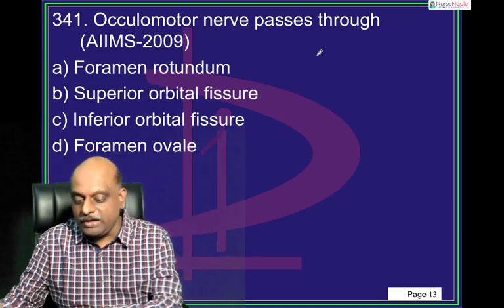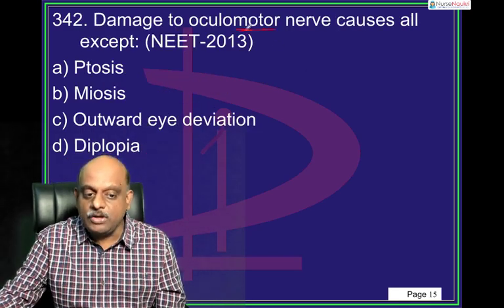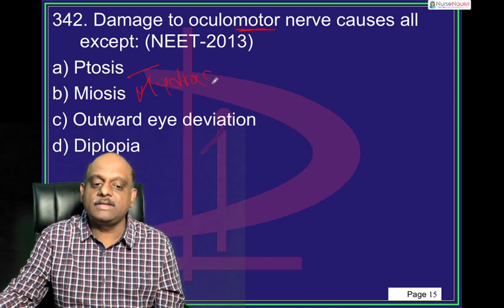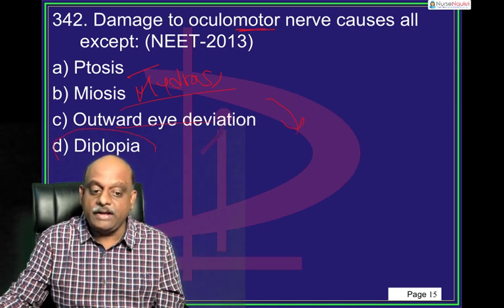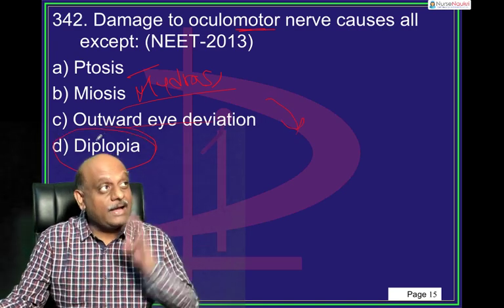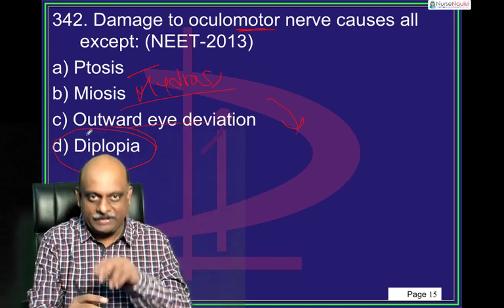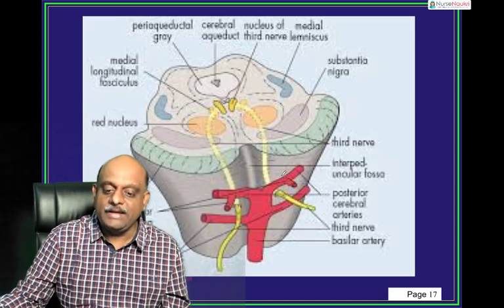Damage to the oculomotor nerve leads to ptosis and mydriasis, not miosis, and outward deviation, downward deviation and diplopia. One eye is looking this way and one eye that way, what happens? Diplopia will happen.